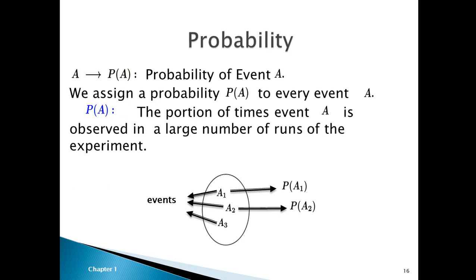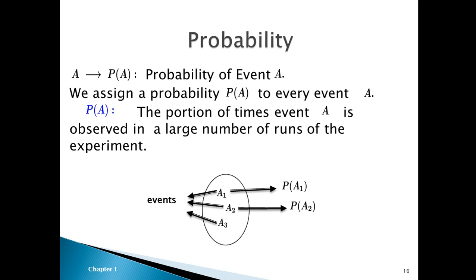The probability of event A: we assign a probability measure P(A) to an event A. This is a value between 0 and 1 that shows how likely the event is. If the probability of A is close to 0, it is very unlikely that the event A occurs.